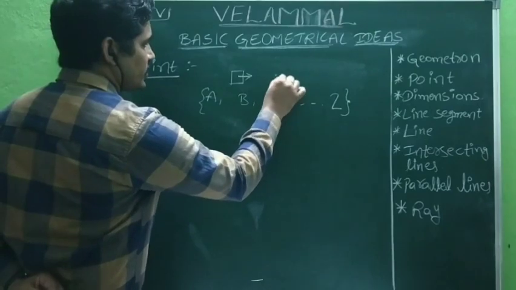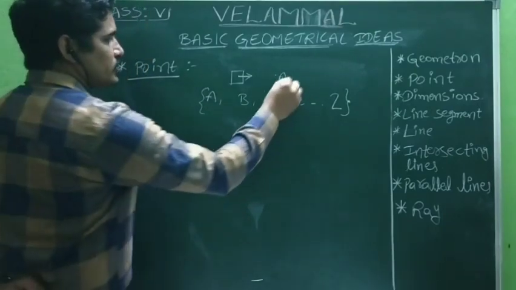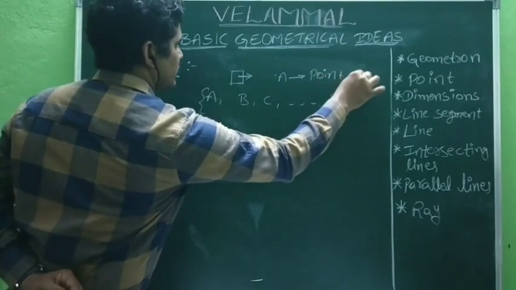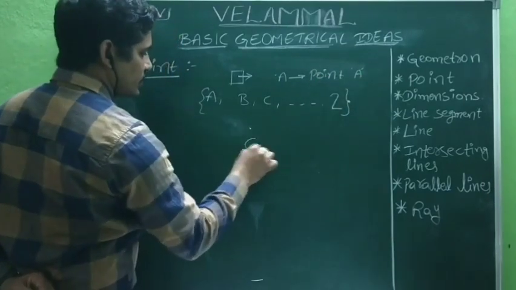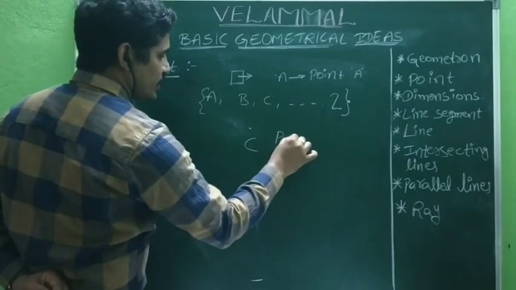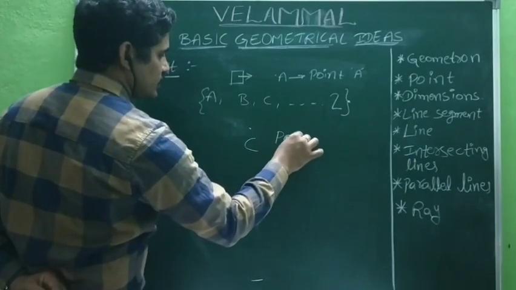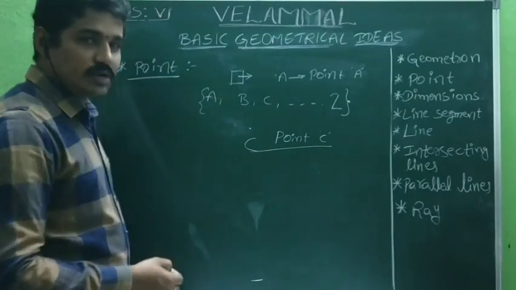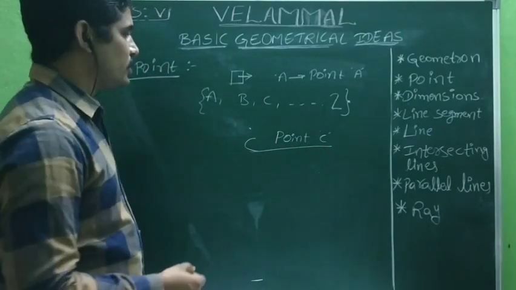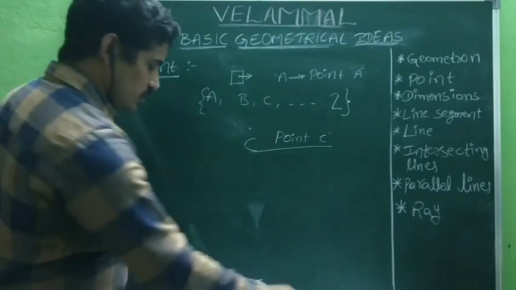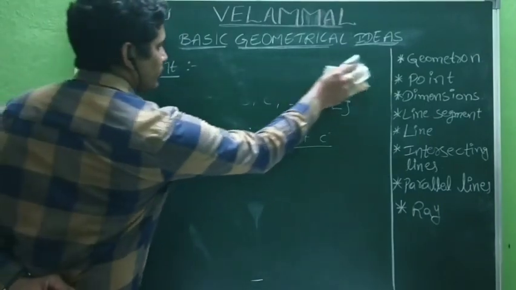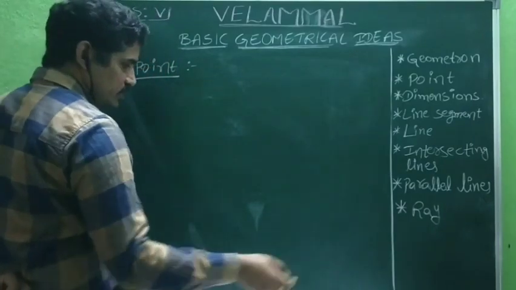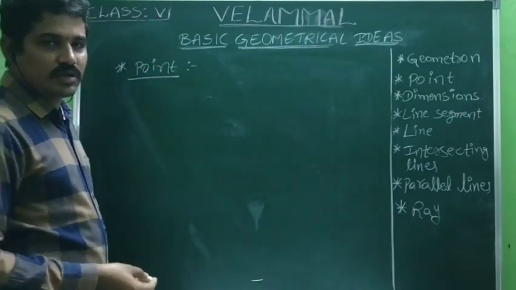For example, we write this as point A, and it is read as point A. If we write C, it will be read as point C. A point is used for representing a location. Nowadays we are very familiar with Google Maps. In Google Maps, for example, I want to search Velamar Vidyalaya Pathipattu.